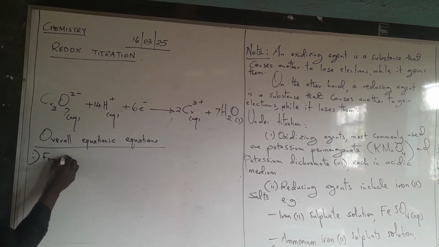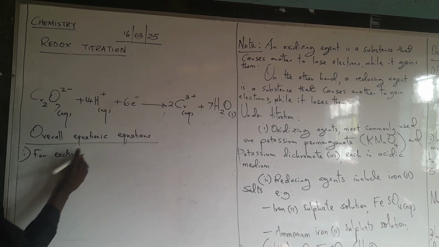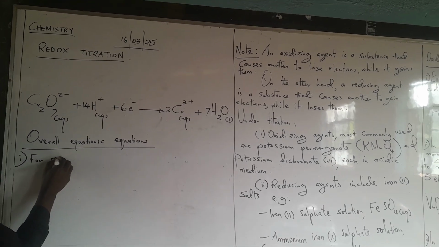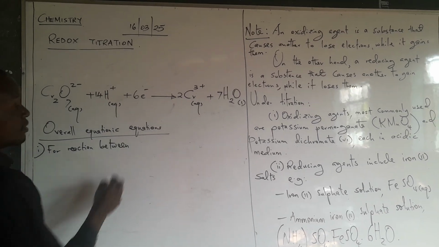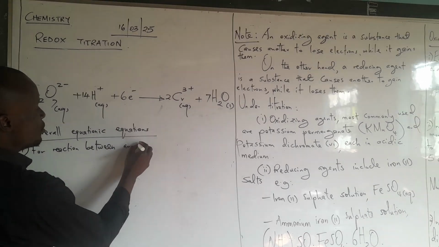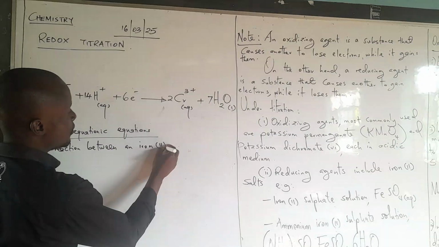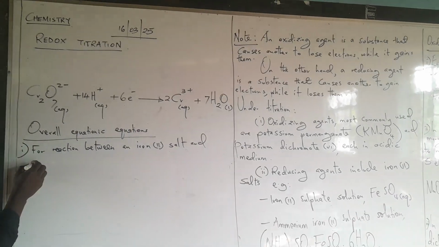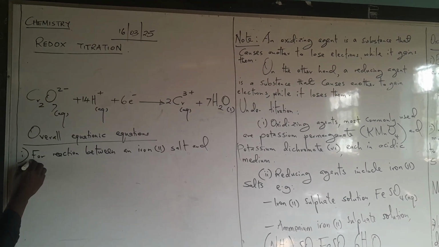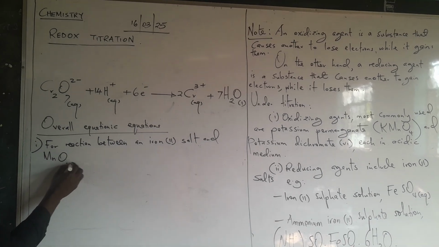Now this is for the reaction between an iron 2 salt and permanganate ion.